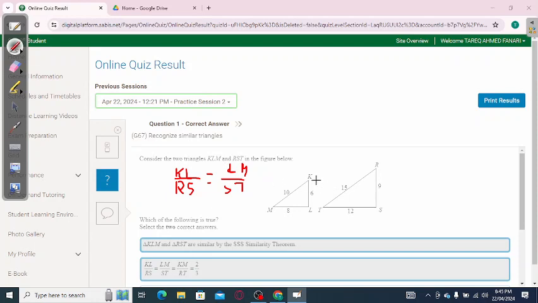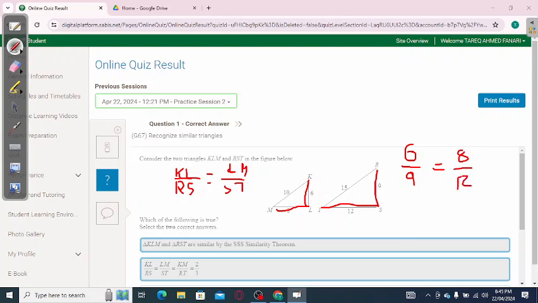So KL, which is this side, that's 6, so I'll write it here. 6 over RS, which is 9. Now we set that equal to LM, which is this, and ST, which is this. Okay, so that would be 8 over 12.